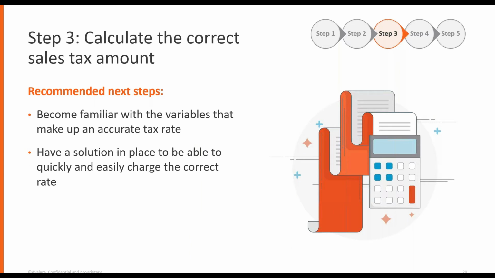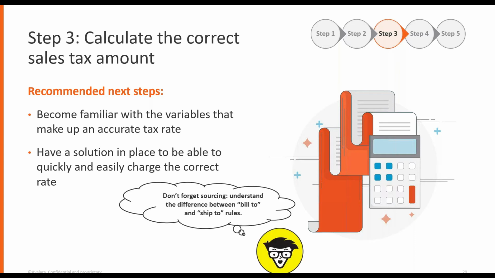So anyway, moving on with calculating the correct amount, we recommend that you make sure you're familiar with the variables that make up those rates. Make sure you have that solution so that you have that accurate tax rate. Don't forget about the challenge of sourcing rules.